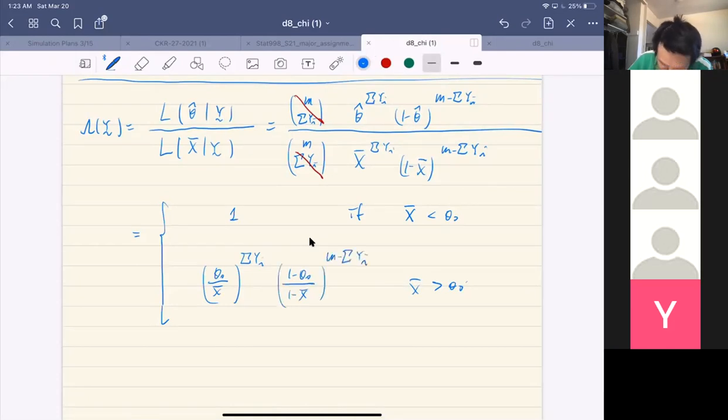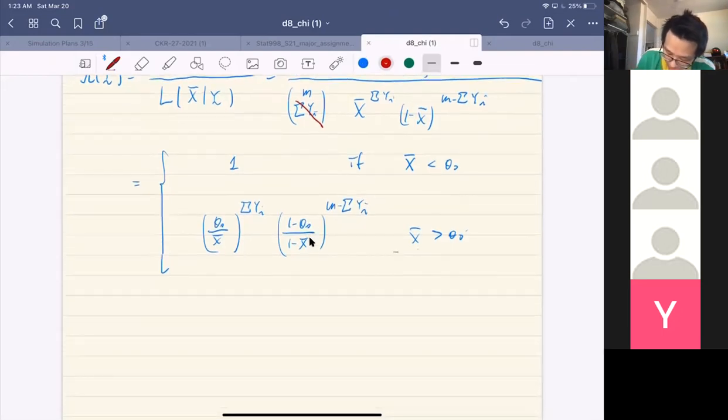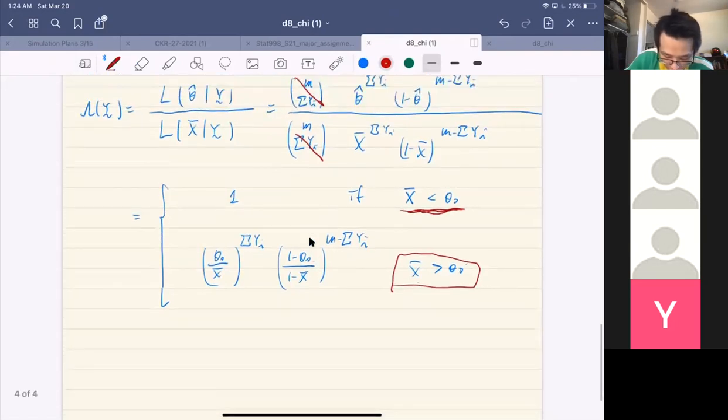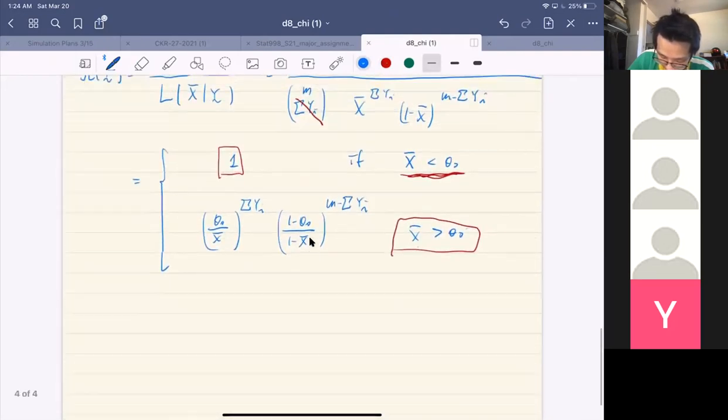So we only have to consider this situation, because in the other case the likelihood ratio is 1, so we fail to reject for any constant.